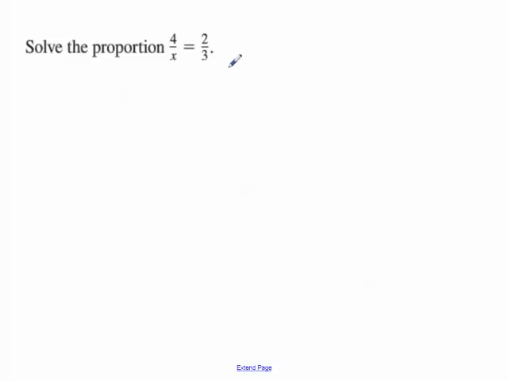So let's solve the proportion 4 over x equals 2 over 3. If we take a look back at what we've got from rational expressions, rational means we've got a fraction, and equations means we've got an equal sign.